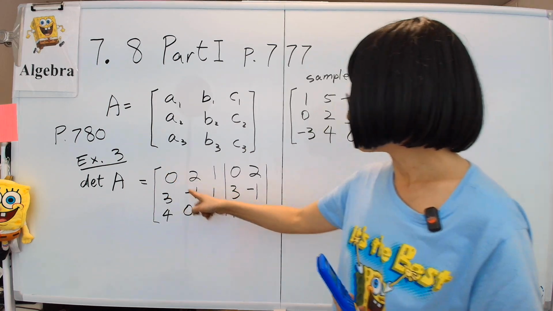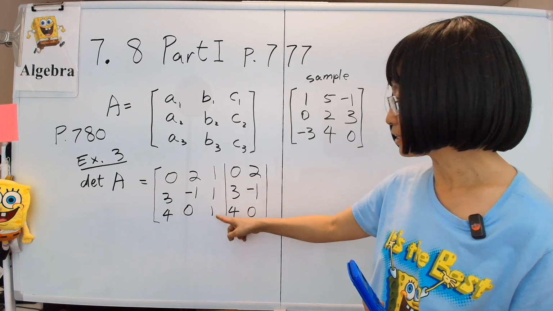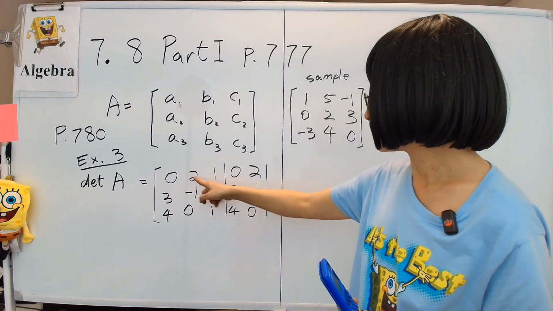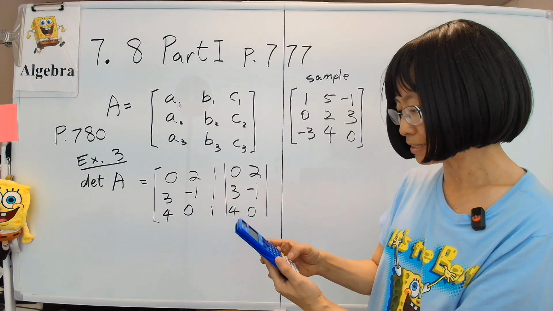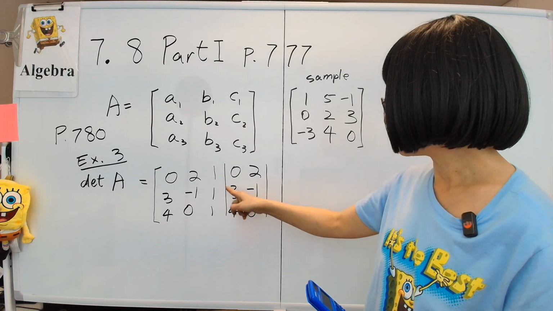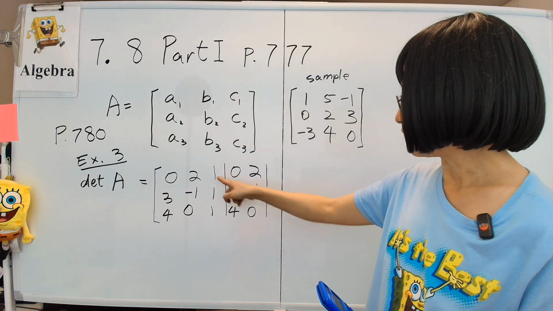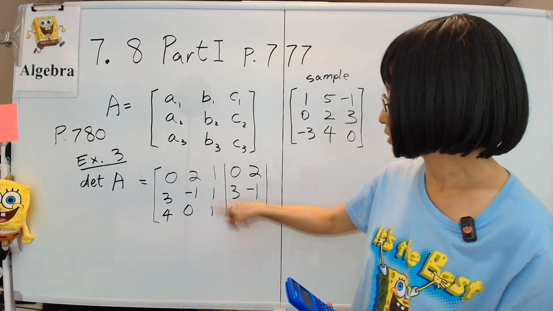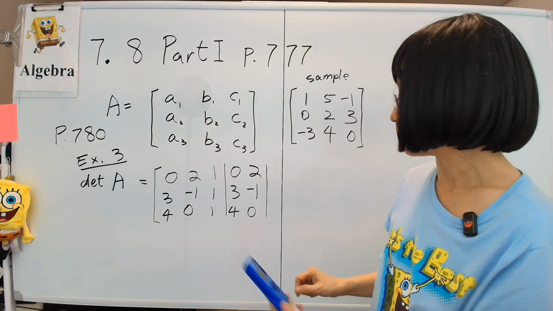Sorry, 0 times minus 1. If there's a 0 there, the whole thing is 0. We're multiplying, right? So this is 0. So the second one is 8. Okay, so I write down 8, and then the third one is also 0, because if there's a 0 in there, the whole thing is 0. So all 3 diagonals only got us 8 so far.